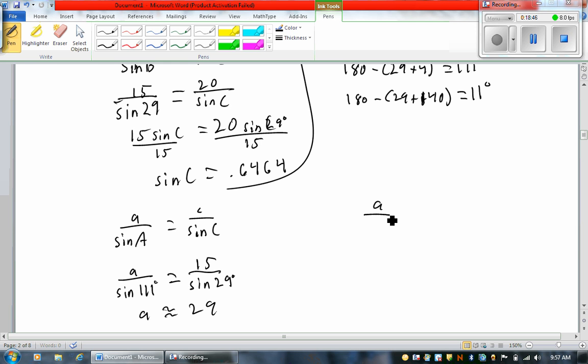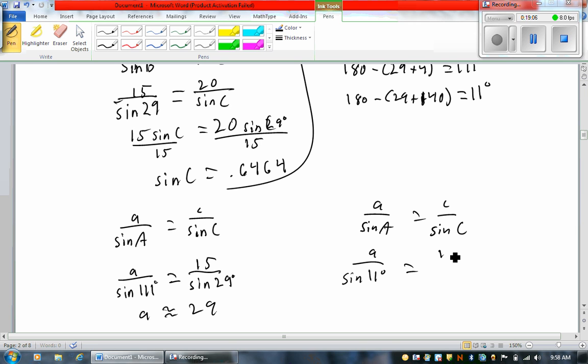We now have the other case where we have a over sine of A equals c over sine of C. In this case, we still have a. Now, instead of this, our angle A is going to be 11 degrees.